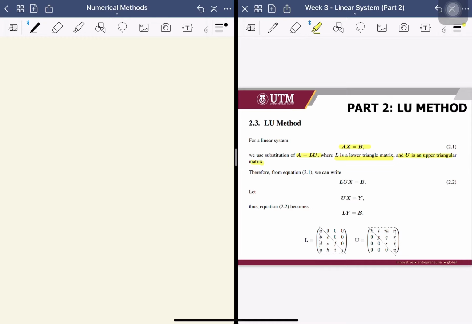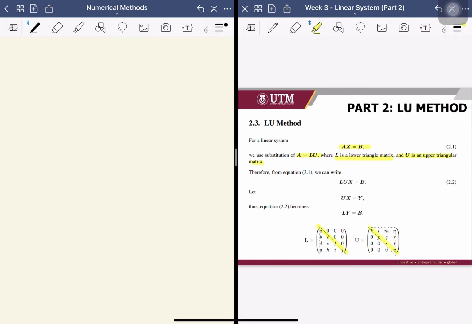You can see from here, a lower triangular matrix is one where all the entries above the main diagonal, the main diagonal will be here, are 0. An upper triangular matrix is somehow the opposite, where all the entries below the main diagonal are 0.